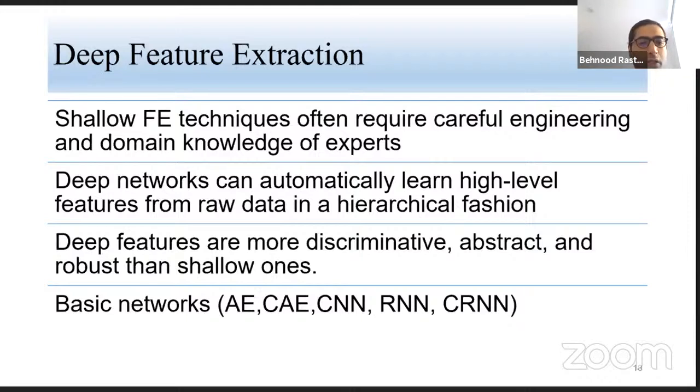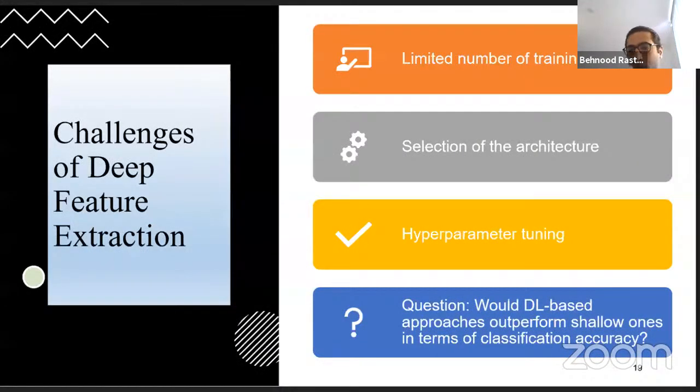In this tutorial, we study five basic networks: autoencoders, convolutional autoencoders, convolutional neural networks, recurrent neural networks, and convolutional recurrent networks. Before starting to explain those networks, I want to remind you about the challenges of deep feature extraction techniques. We have a limited number of training samples.